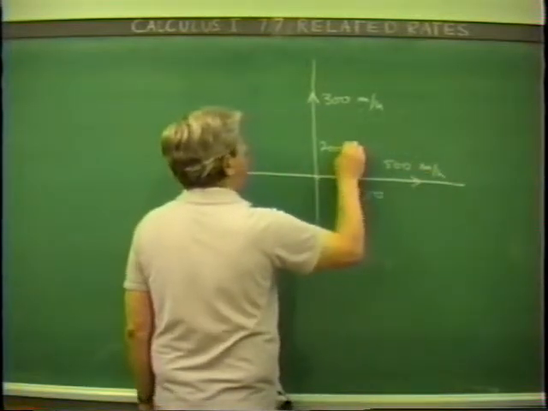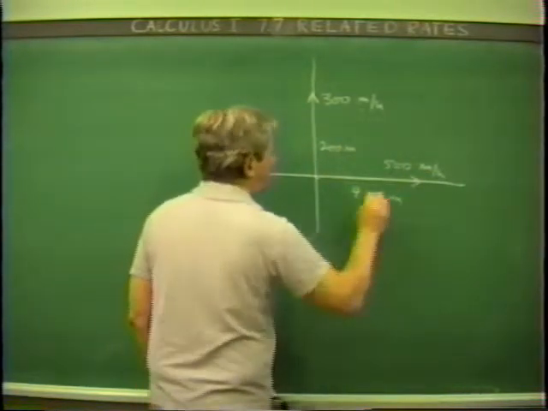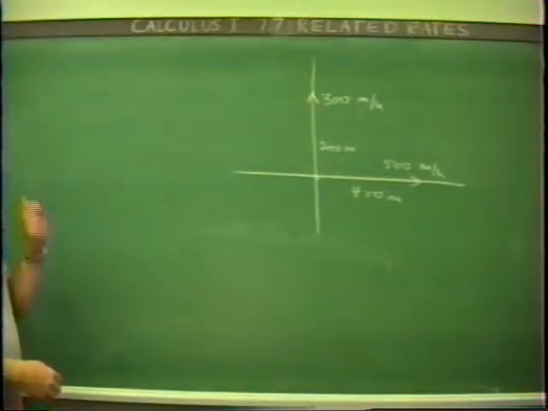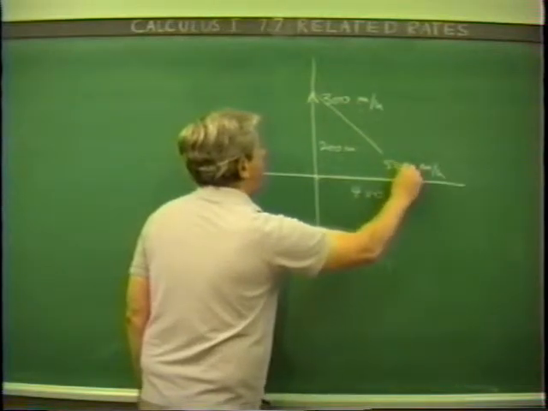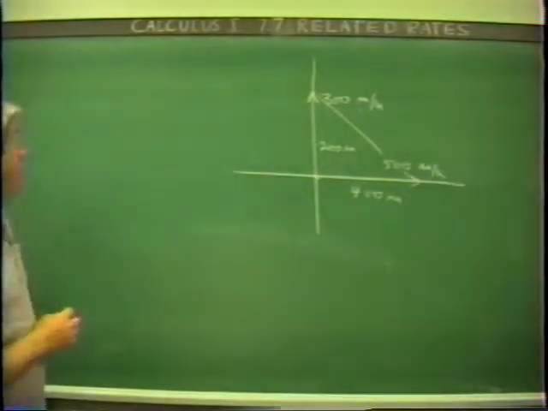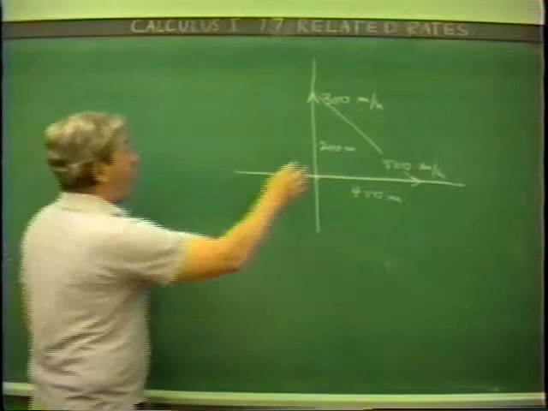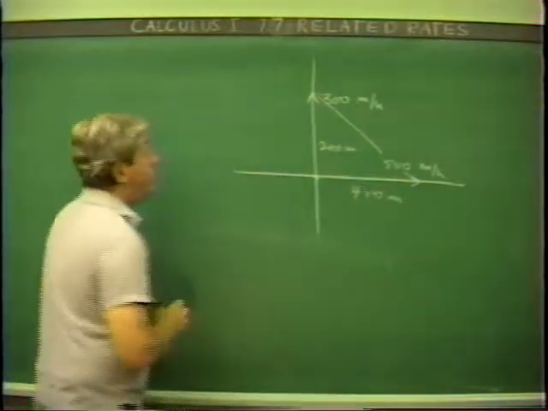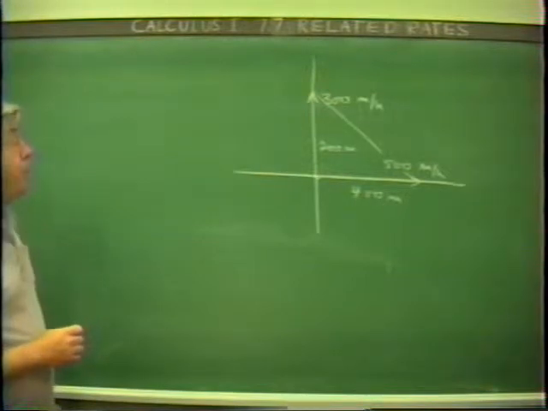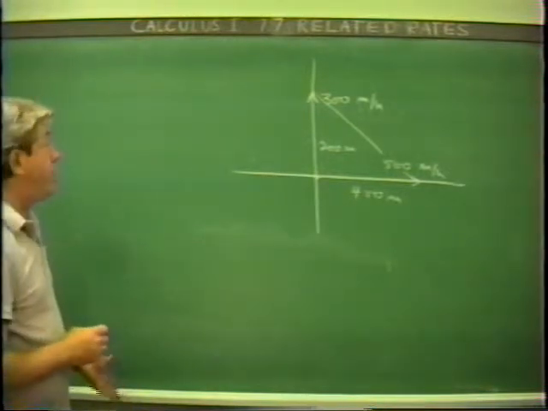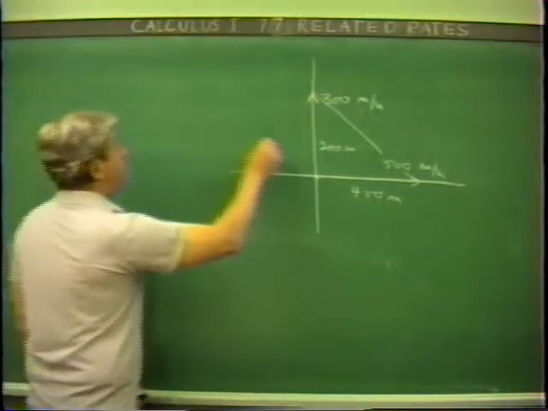So these are the speeds, and these are the distances. Okay, what we want to know then is at what rate are these two airplanes departing from each other? And all this information here is particular information at the time we're interested in.